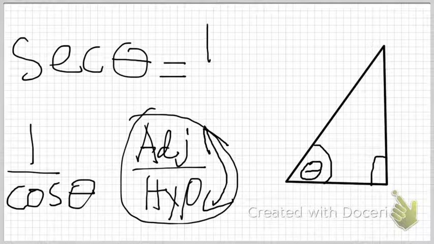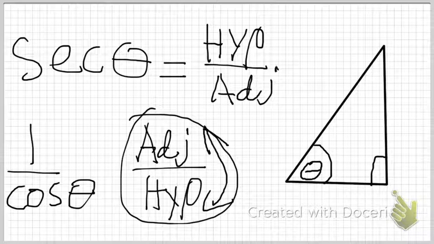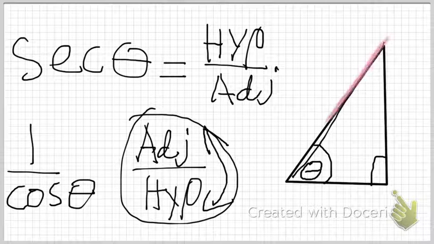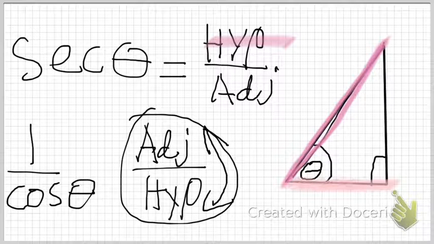It'll be hypotenuse over adjacent. So the hypotenuse is the one that's in the pink. And the adjacent is the one that's in a lighter color of pink. So that's secant of theta.